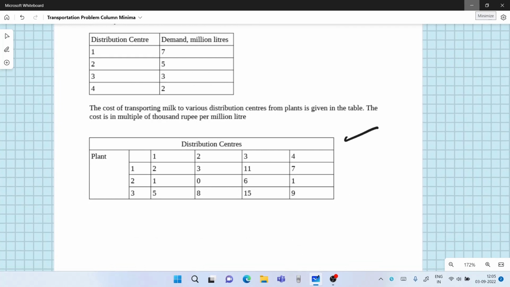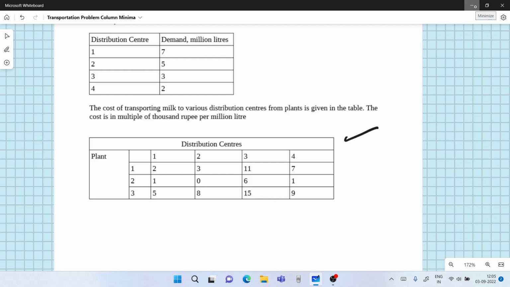Now the cost of transporting milk from plant to distribution centers is given in this table. How is this table understood? Let's say you want to supply milk from plant number 1 to distribution center number 3. It's going to cost you 11,000 rupees for a million liters.